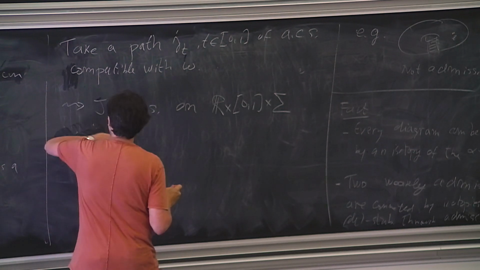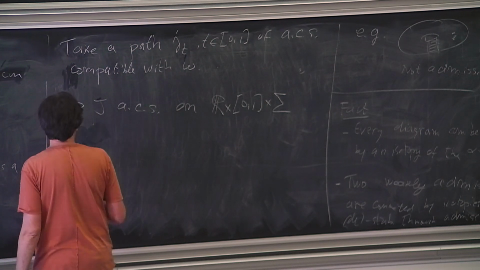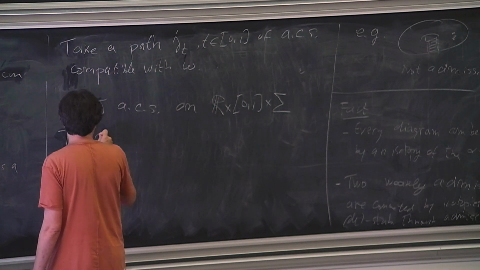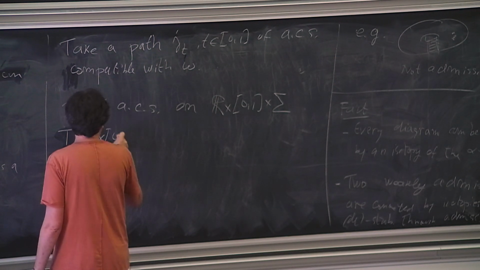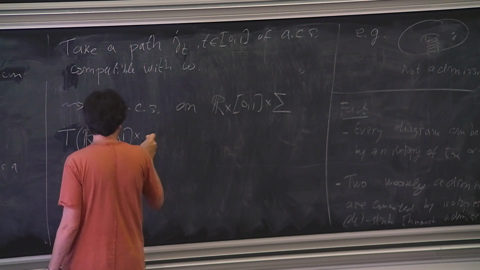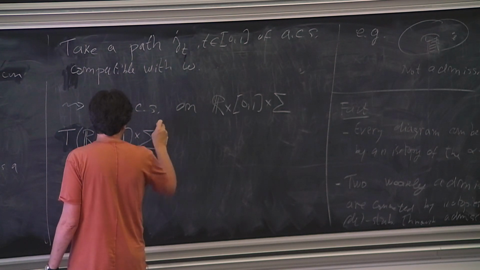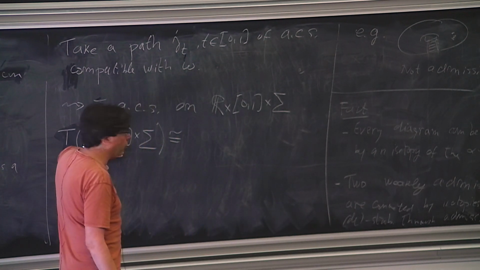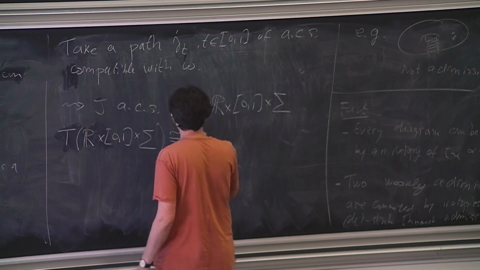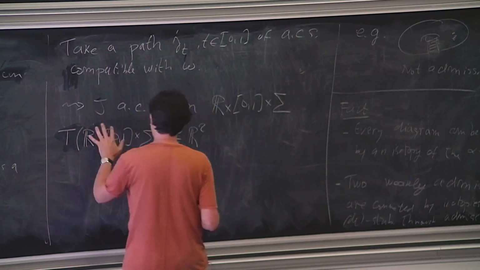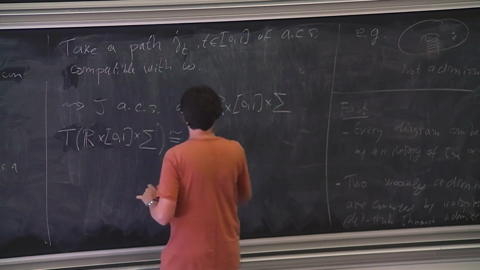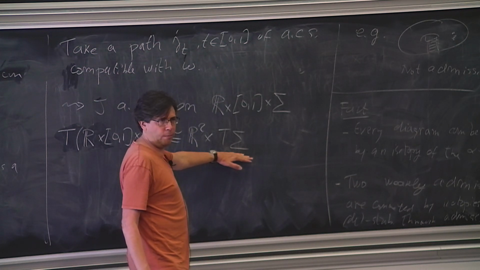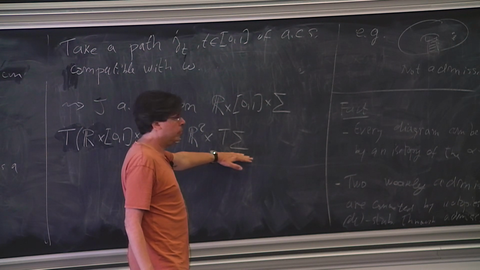First of all, you see that the tangent space of R times [0, 1] times sigma is isomorphic to the tangent space of R times [0, 1], which is C, I mean R2, because here we haven't put any complex structures there, times the tangent bundle of sigma.